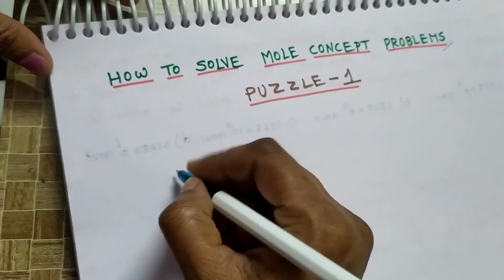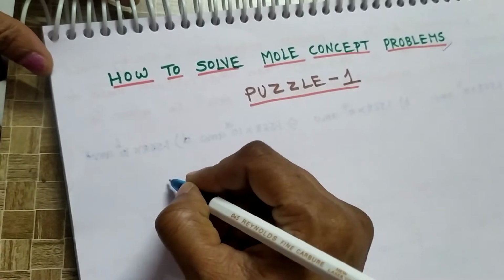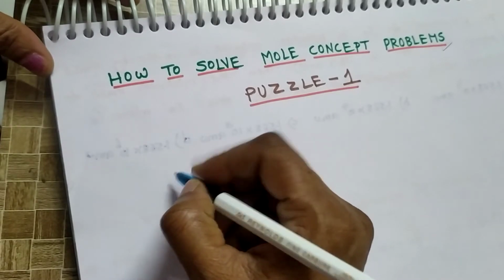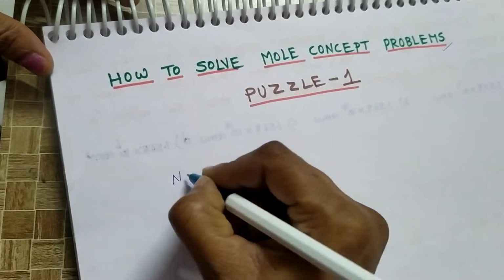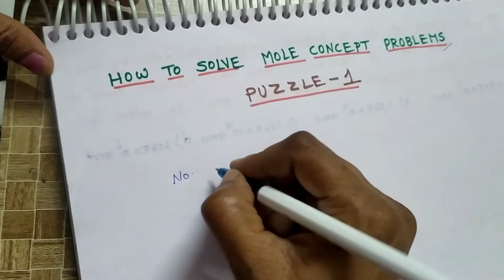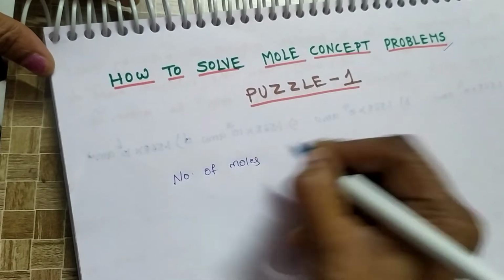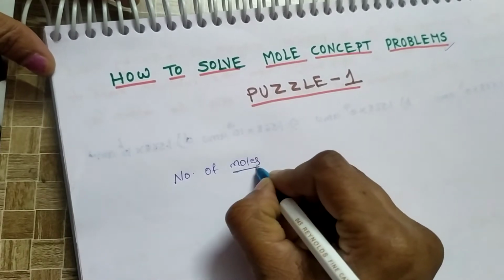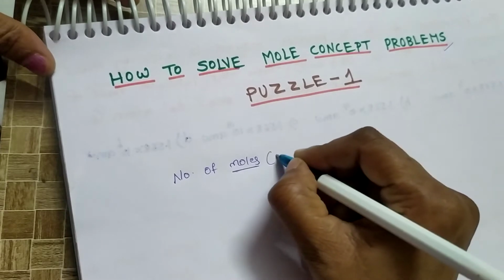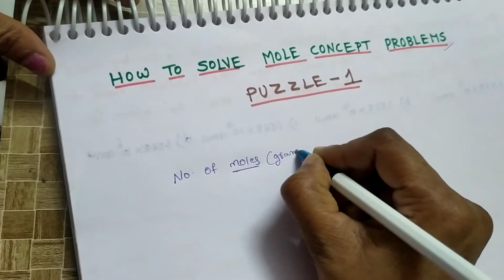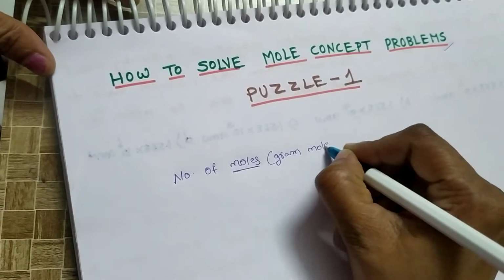The first one is how to calculate the number of moles. These moles we can also write as gram molecules. Both are the same.